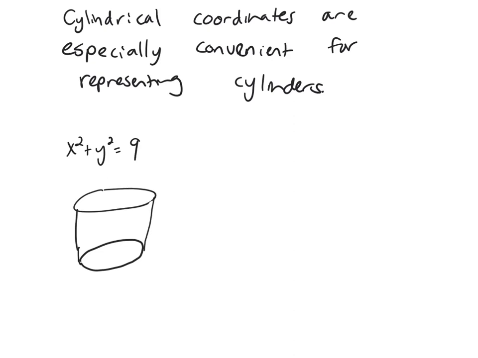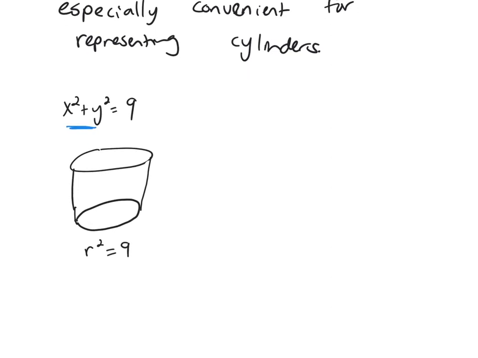And if I convert this to cylindrical coordinates, x squared plus y squared is the same thing as r squared. So this would say r squared equals 9. Or another way you could state this, if you take the square root, r would be plus or minus 3, but here you would just go with r equals 3.